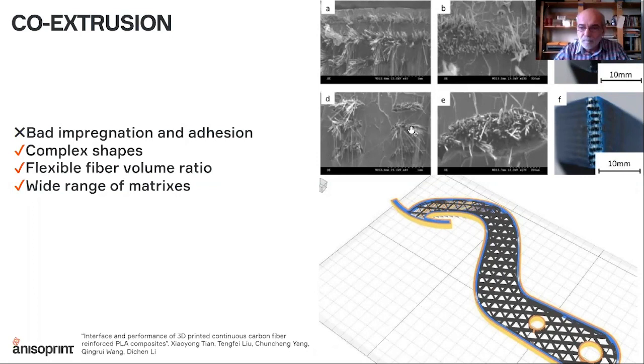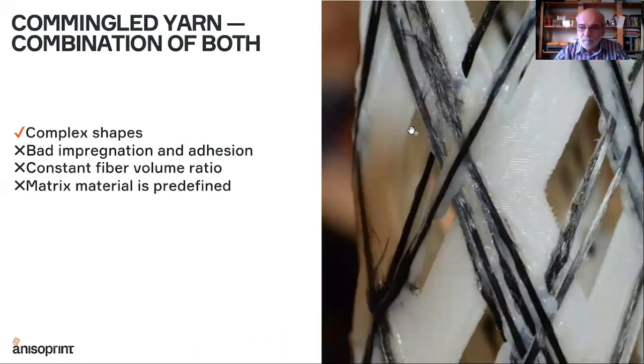And with the co-extrusion, on the customer side, it should be possible to use different materials, different polymers as the matrix material, which is also important in certain cases. Commingling is sort of a combination of both, but not, in my point of view, in a good way.